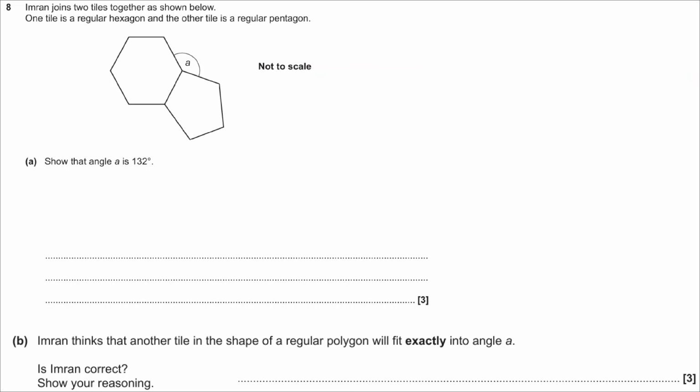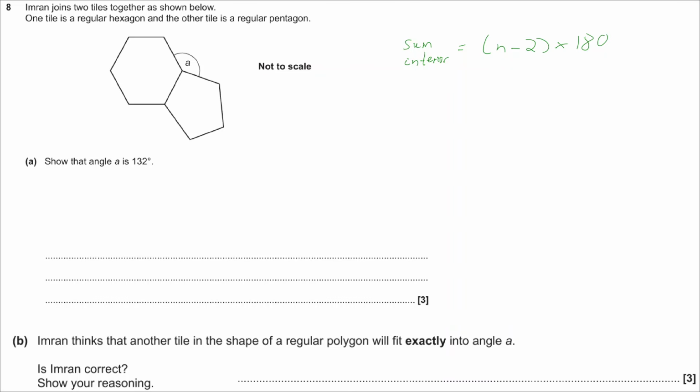Question 8. Straight away, when I look at this, I can see polygons here. So I'm going to get down the 2 formulas that you need for polygons, because you might not need any of them, or you might need one of them, but it's useful to make a note of them. The sum of the interior angles, so the total of all the inside angles, is equal to n take away 2, times by 180.